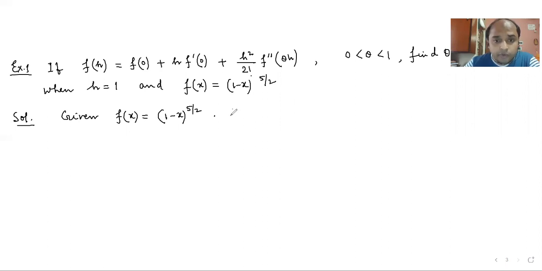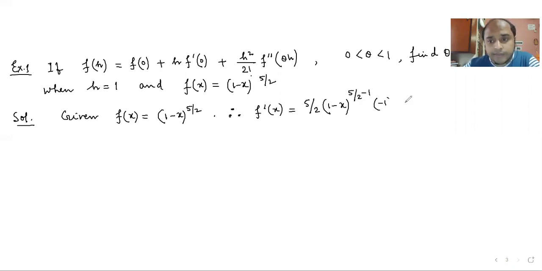Therefore f dash x will be 5 by 2 (1 minus x) to the power 5 by 2 minus 1 into minus 1. So we get minus 5 by 2 (1 minus x) to the power 3 by 2.